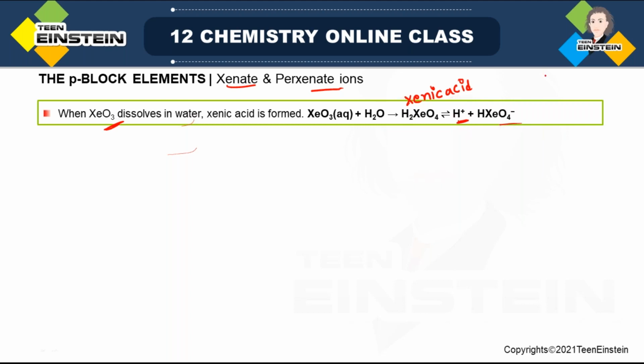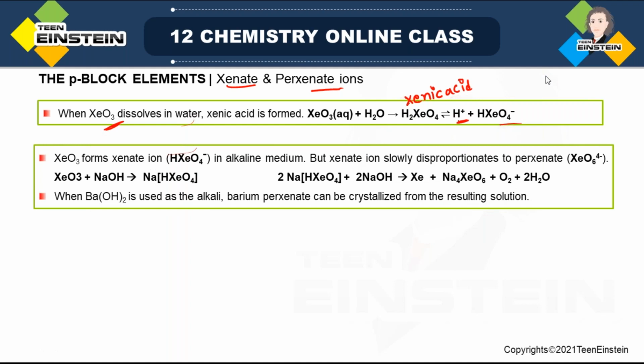This is the dissociation product. So when XeO3 forms xenate ions, this is the xenate ion, because it is carrying a negative charge, so it is an ion, xenate ion. So XeO3 forms xenate ion after reaction with water.